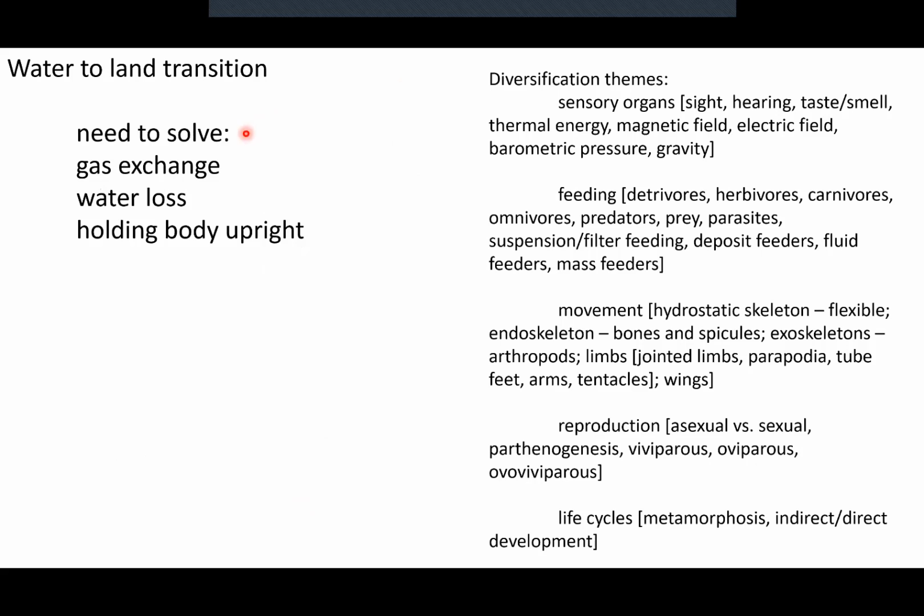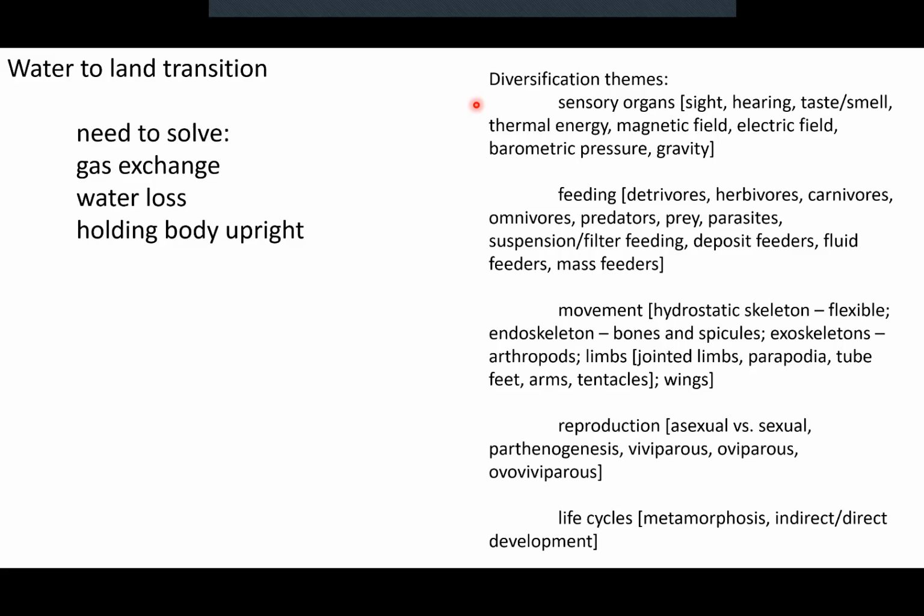So they needed to solve gas exchange issues. How could they prevent water loss, and how could they hold their bodies upright? And to respond to a lot of challenges that come with living on land, with branching out into different environments and ecological niches, we have these diversification themes.